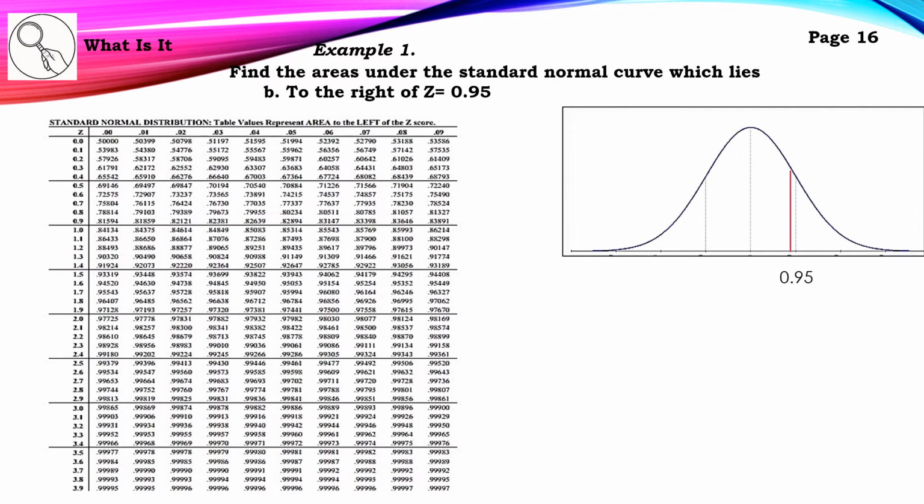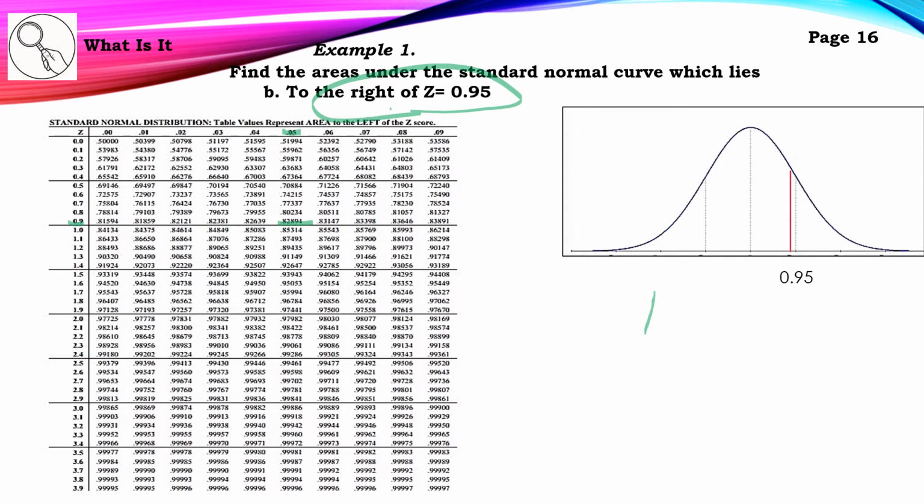For the second, we need to use our z-table. Since the table gives the area to the left of 0.95, so 0.9 and 5, the intersection is 0.82894. But this table represents the area to the left of the z-score, and our situation is to the right of 0.95.